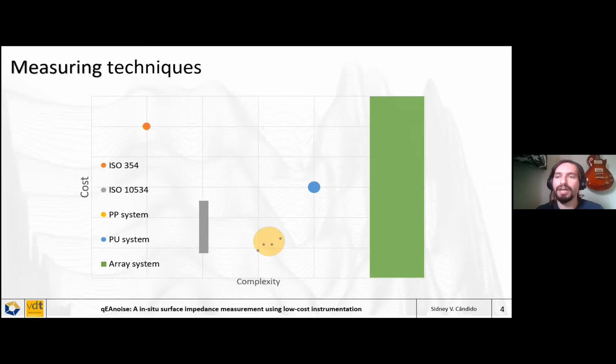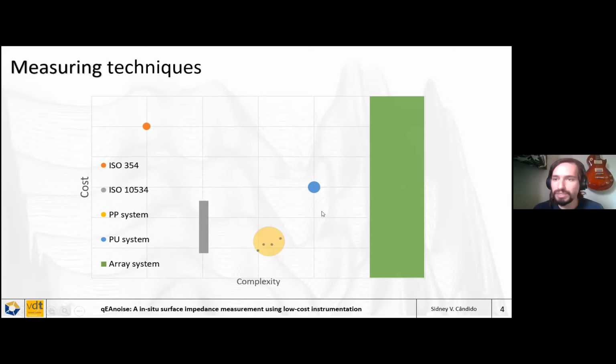Because it uses 2 pressure microphones. And because I have only lower precision instrumentation, I put it in this lower cost relationship. But it could use a little higher precision instrumentation and be a little more costly.